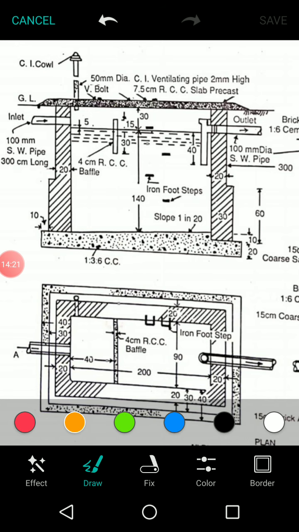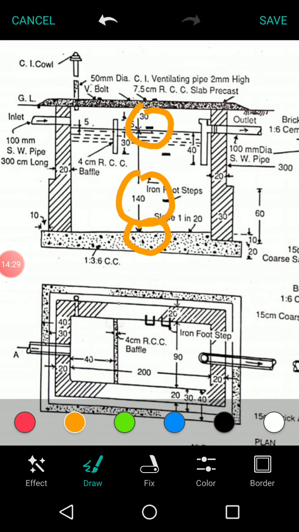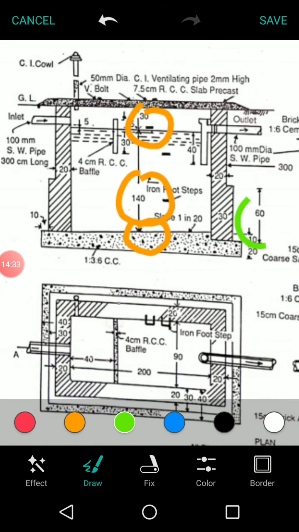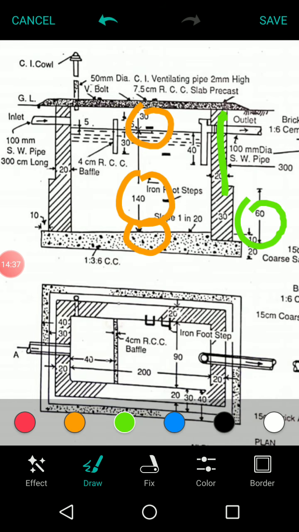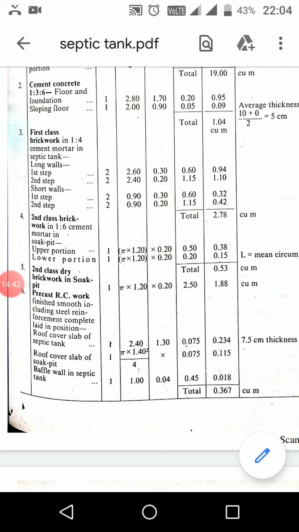So depth, 30 centimeter plus 1.4 meters plus 5 centimeters here. Okay, so in the total depth you just subtract this 60, you will get this particular height, that is 1.15 meters.